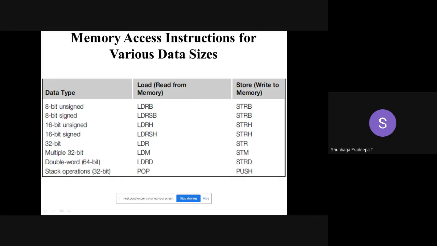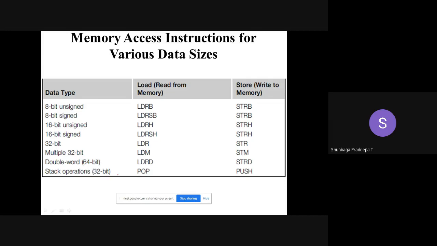If it is a signed byte, you use SB, which loads a signed byte from the memory. If it is a 16-bit value, we use H, which means half word, and it loads 16-bit unsigned data from the memory. If it is signed, it is SH. If you want to read 32-bit information, you use the instruction LDR. There is also LDM for multiple 32-bit and LDRD for double word.